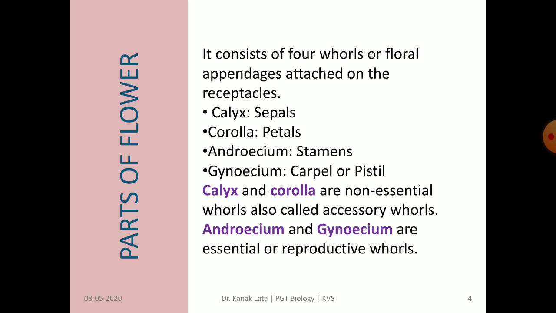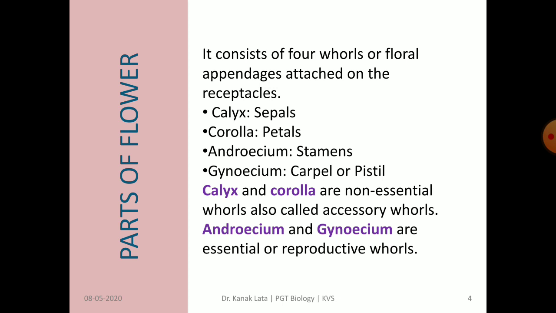Out of these 4 parts, calyx and corolla are non-essential or accessory whorls, whereas androecium and gynoecium are essential or reproductive whorls, as they take part in sexual reproduction, so that is why they are called essential.